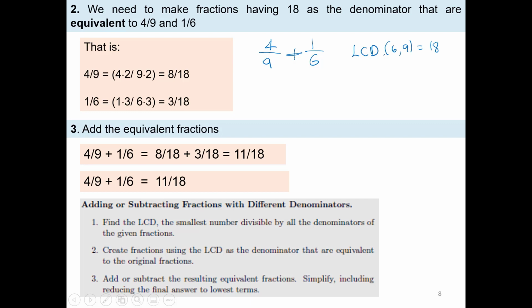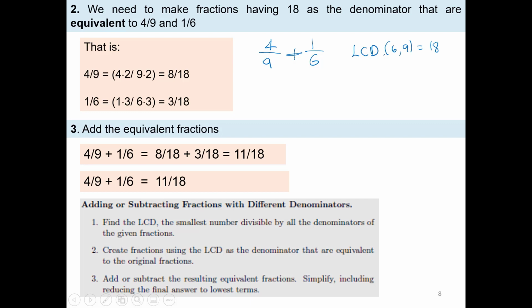We want 18 as the denominator, so we multiply the denominator of the original fraction by 3, and we must do exactly the same in the numerator. So 1 times 3 is 3, and 6 times 3 is 18.